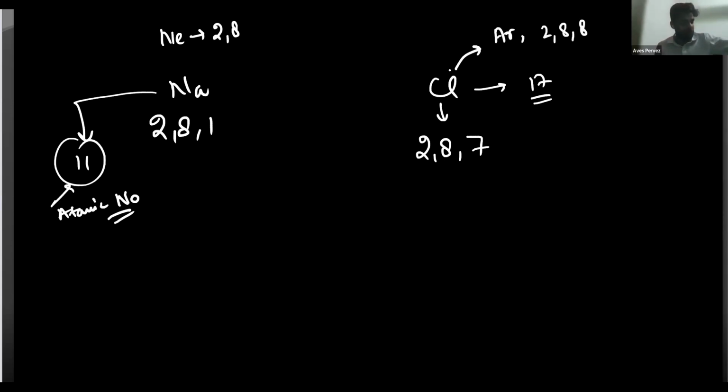It is mandatory that you understand one thing: every element in nature wants to be stable and wants to have an electronic configuration near to the nearest noble gas. The nearest noble gas for sodium is neon, 2,8, and that of chlorine is argon, 2,8,8.